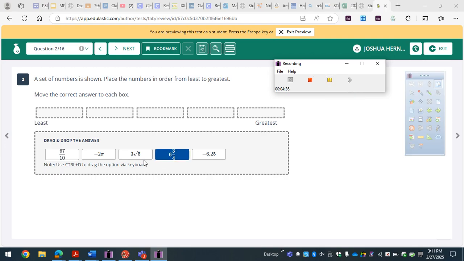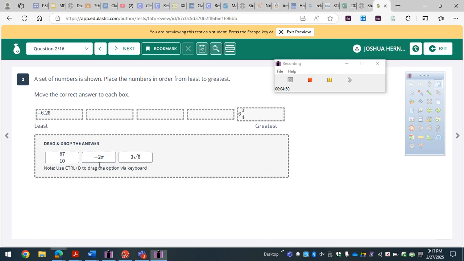So going back over here, 6.25 went first. Oh, I didn't even put a negative. Oh, great, there's negatives there, guys. So I need to go back and fix all of this. So this is 6.28, so that would go there.